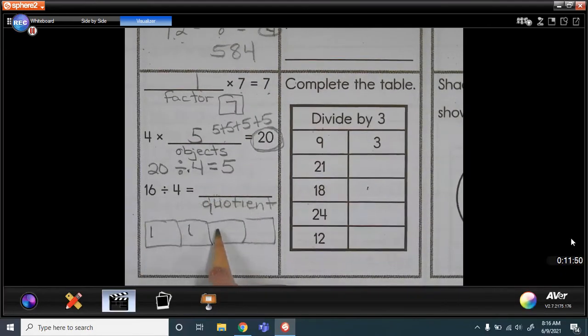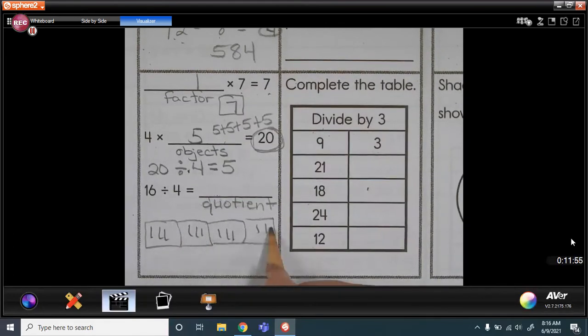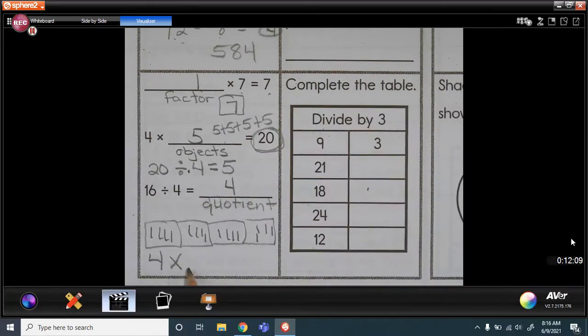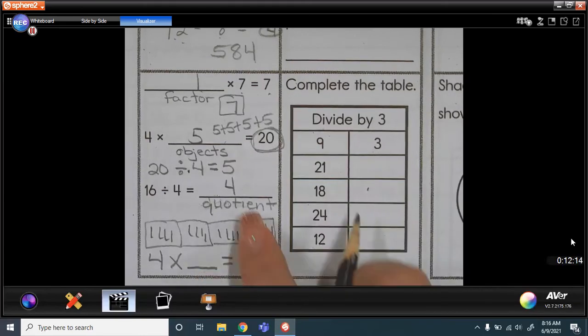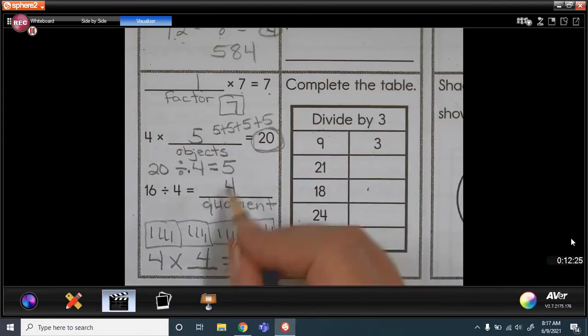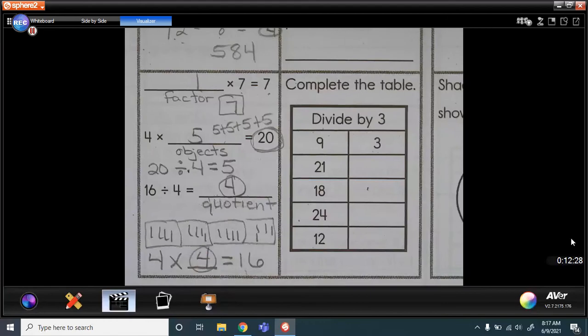So 1, 2, 3, 4, 5, 6, 7, 8, 9, 10, 11, 12, 13, 14, 15, and finally 16. So how many objects were in each group? Right, there's 4. And remember, when you are looking for a missing factor, that is the opposite of division, and that is going to be what the missing factor is here. We know our groups, we know our total. This is going to be the number in each group right there. So that's quotient is the missing factor.